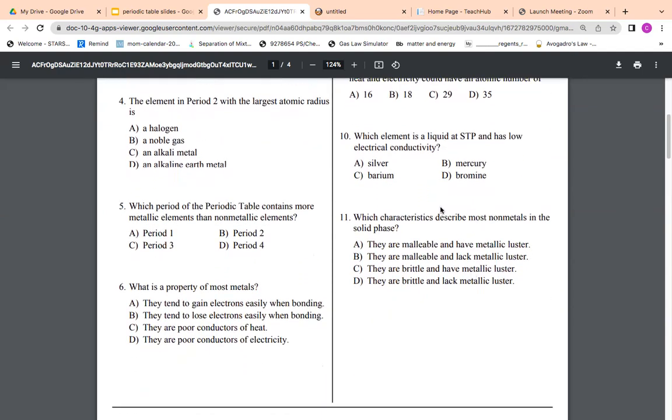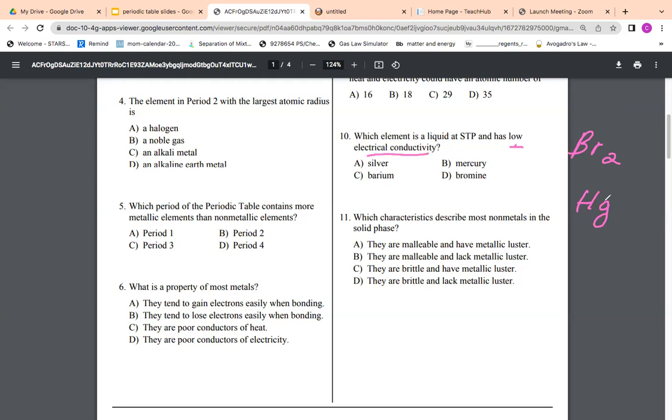Number 10, which element is a liquid at STP and has low electrical conductivity? So remember, there are 2 things on the entire periodic table that are liquids at STP. That is bromine and that is mercury, Hg. Now, they're looking for the thing that has low electrical conductivity.